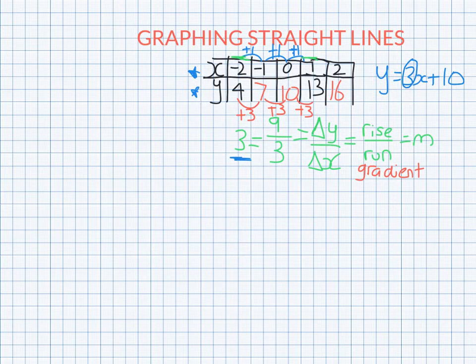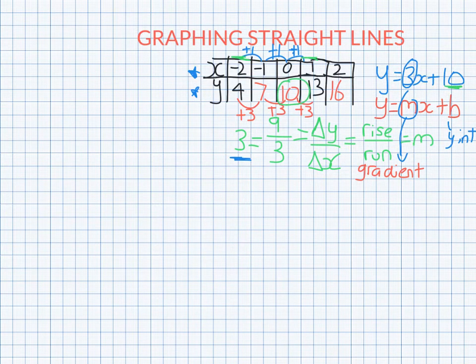We can write any linear relationship, unless it's a perfectly vertical line, which we'll discuss later, as y equals mx plus b, where m is the gradient and b is the y-intercept. It is the y value when x equals 0. And as you see here, this number here, 10, is the same as this one here.